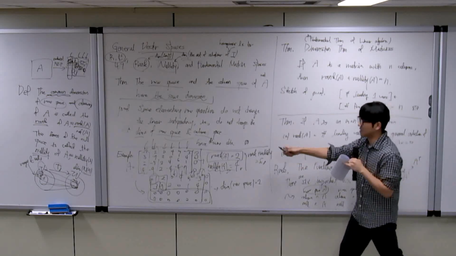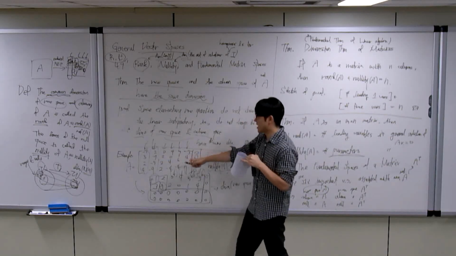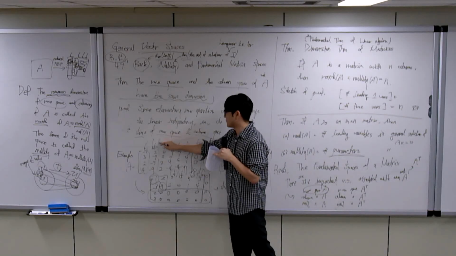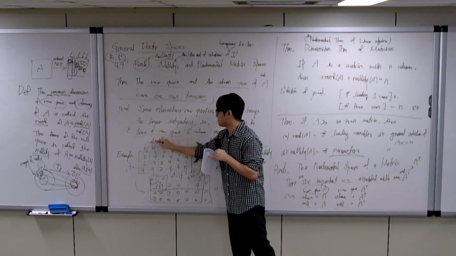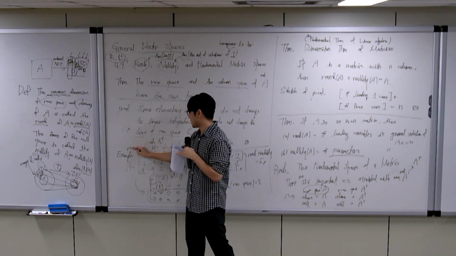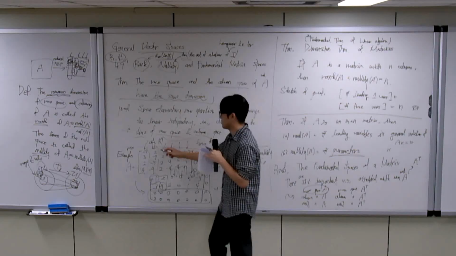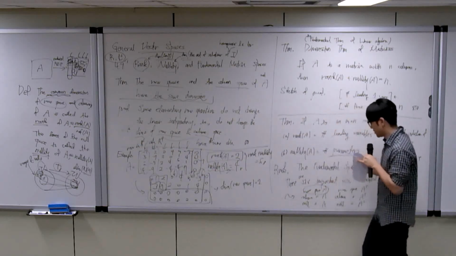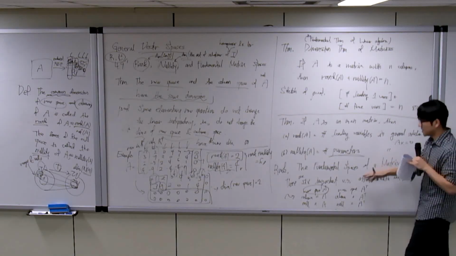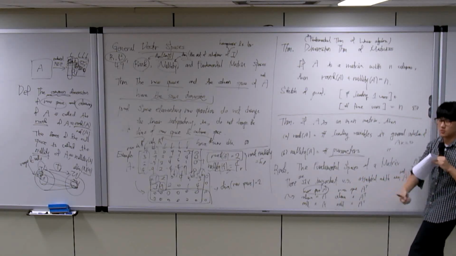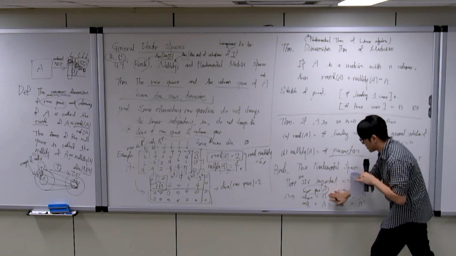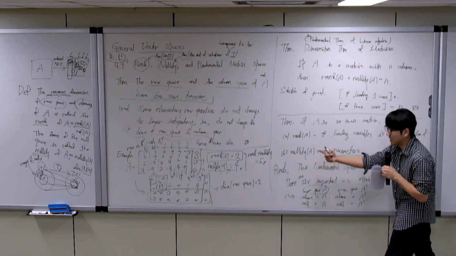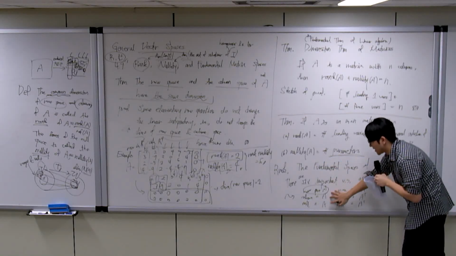So the column vectors are in R to the 2, R to the 4, and the row vectors are in R to the 6. So it is isomorphic, but if you denote it like this, then it's actually not the same space.